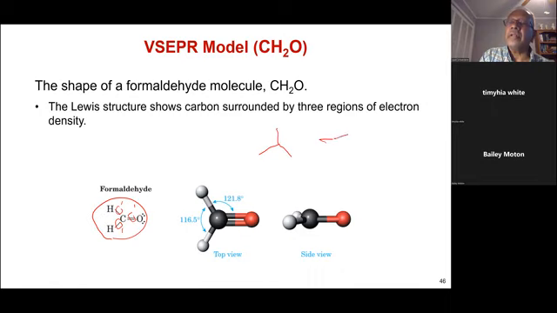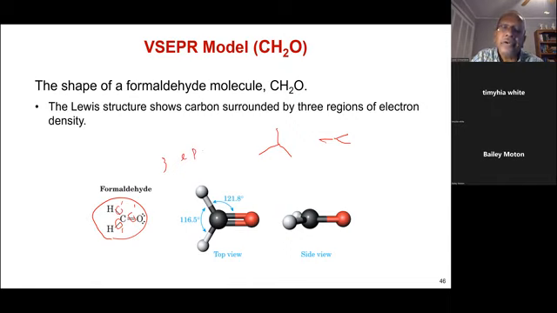It's like this. It's a planar molecule. This is called a trigonal planar molecule. This formaldehyde has 3 electron pairs.